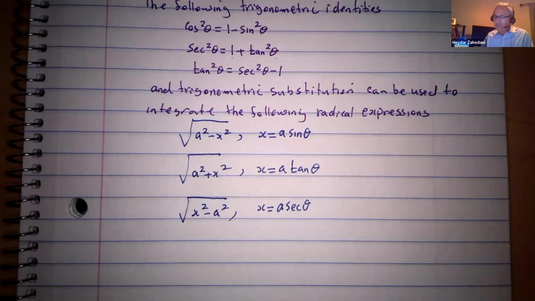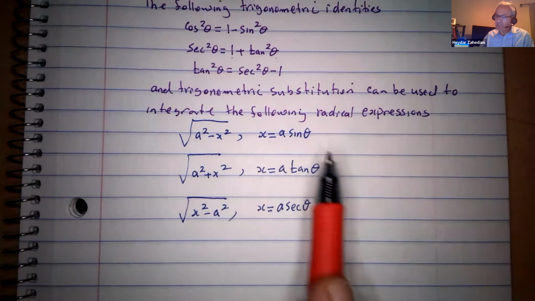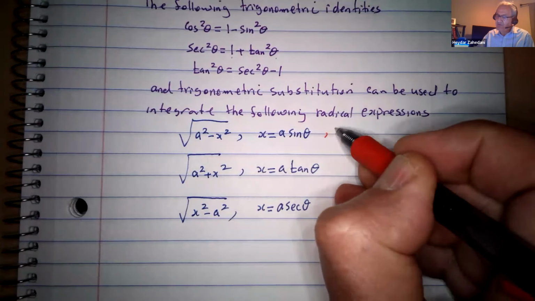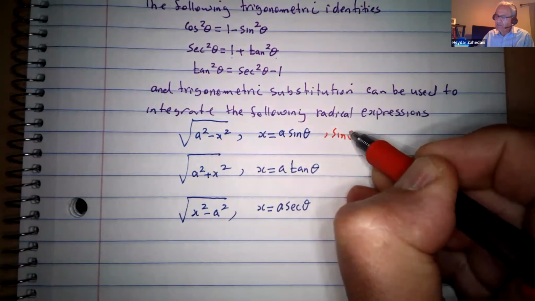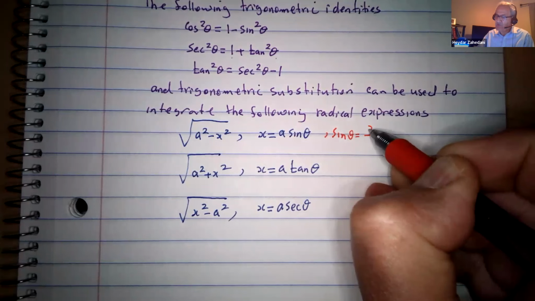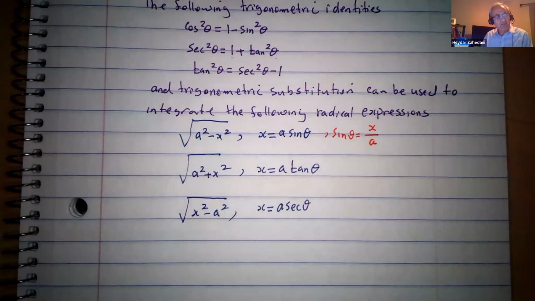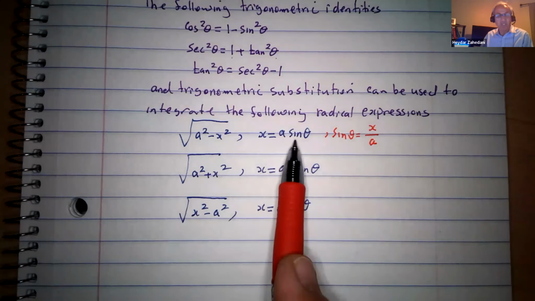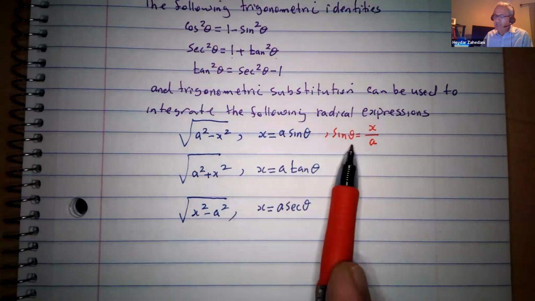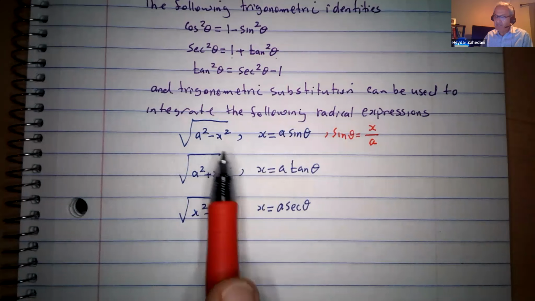But when you do this integration, you have to simplify the result. As soon as we get this one, we find the sine of theta, which is x over a. At the end, you have to go back and change it from theta to x.